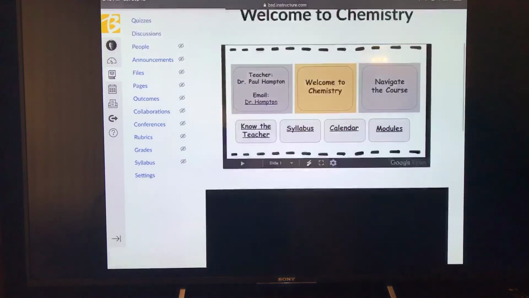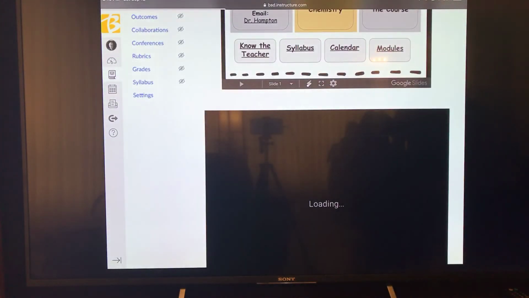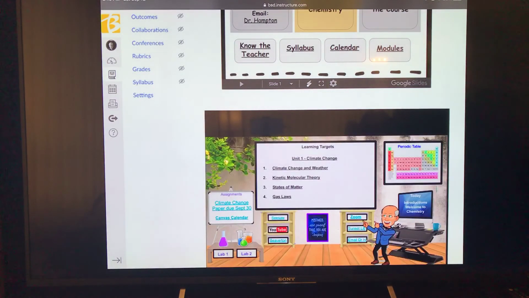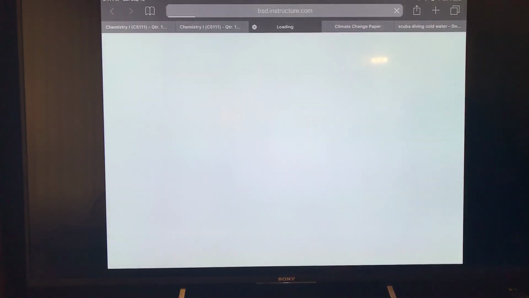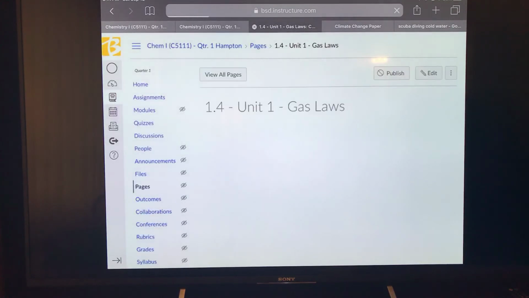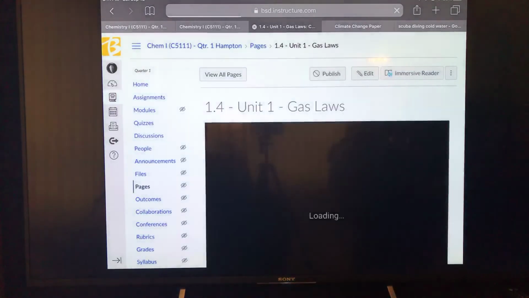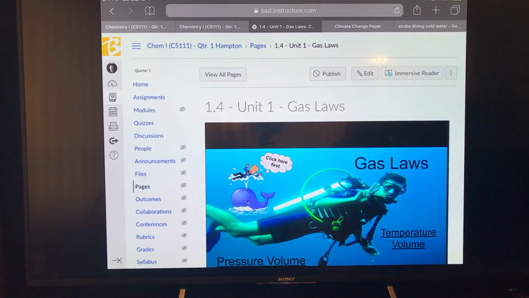So in the gas laws part of Canvas, you're going to find my video about how to solve these. Where it says click here first, that's where you go to get the video of me telling you about how to do gas laws. Okay.